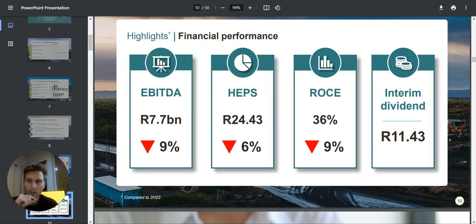So we're going to look at some of the earnings, earnings before interest, tax, depreciation and amortization. I think that's EBITDA. That's not Ibiza. Anyway, you see that's 7.7 billion, which is still pretty impressive since the coal price has collapsed.